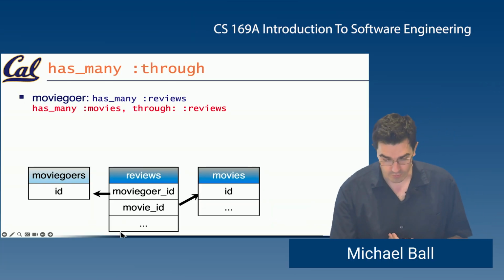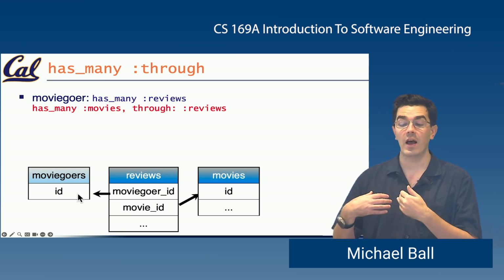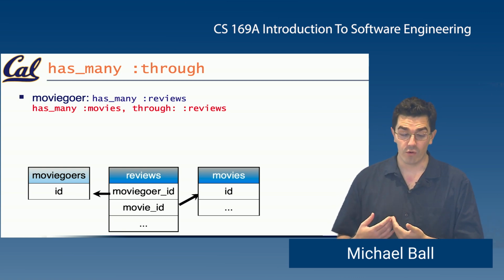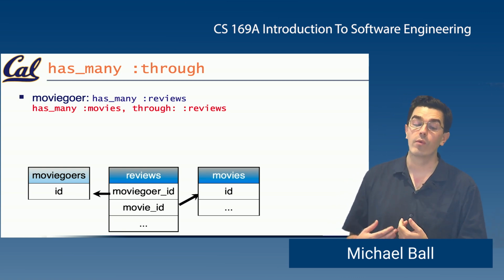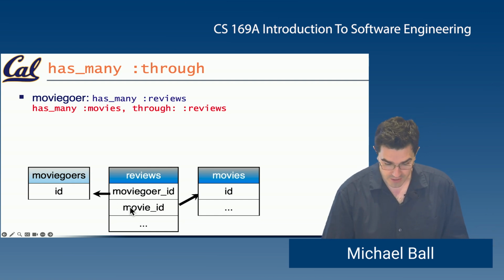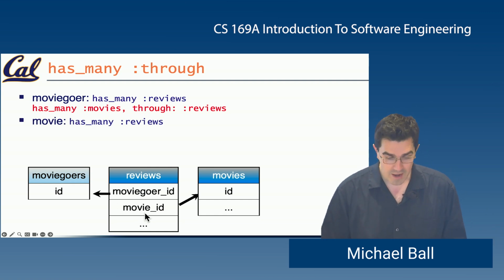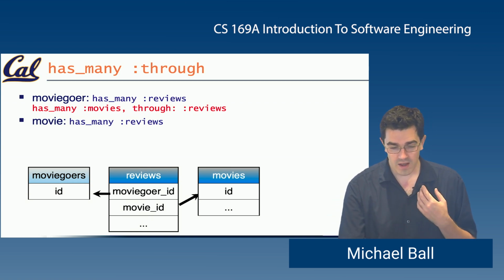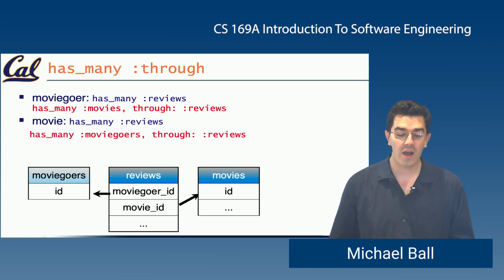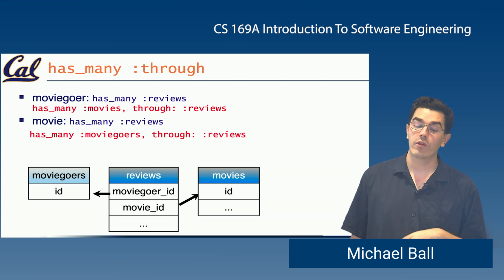If I am a moviegoer, I have many movies that I have reviewed, and I can find that through the reviews table, because this will link me as the moviegoer to my list of movies. Similarly, a movie already has many reviews, but it also has many moviegoers through the reviews table.